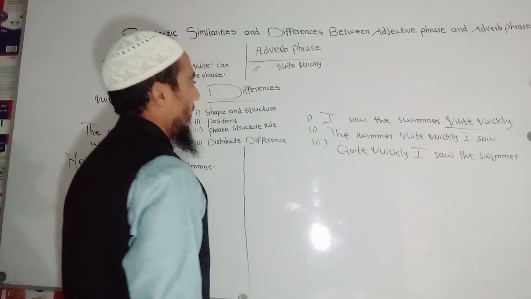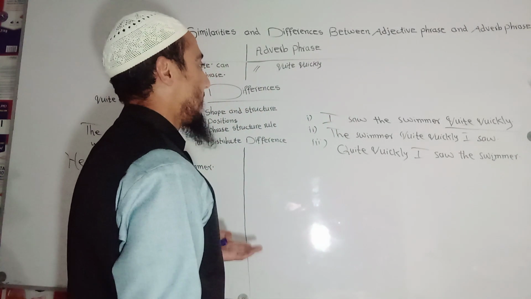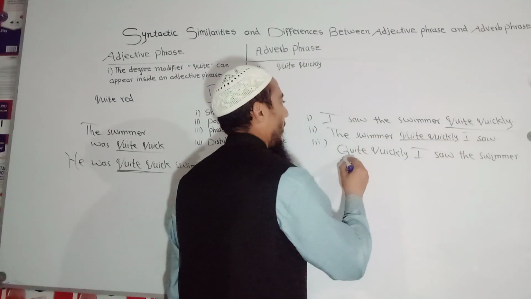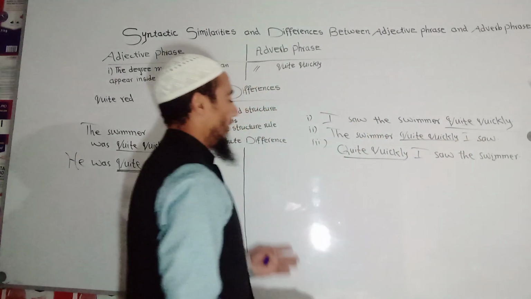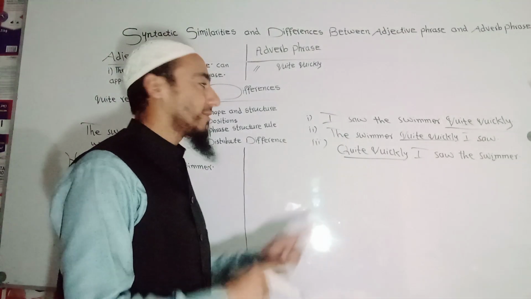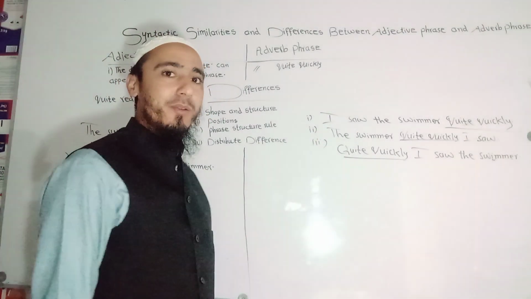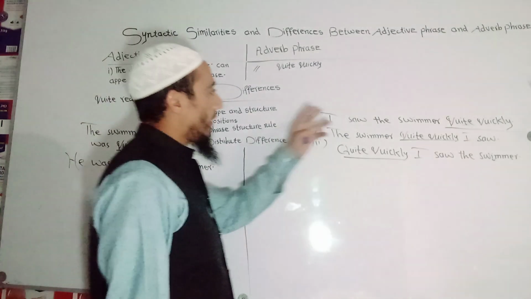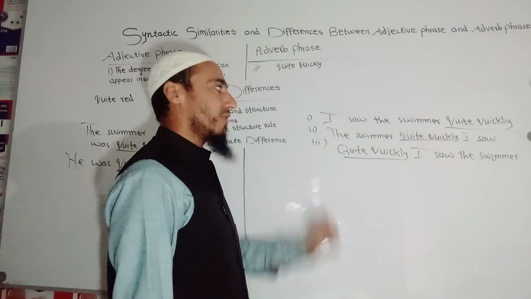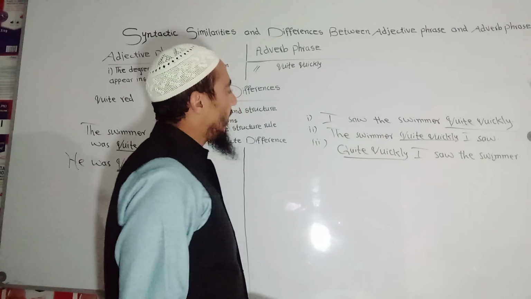So these are three sentences which have different positions of the adverbial phrase, the same sentence but with different locations. I saw the swimmer quite quickly, the swimmer quite quickly I saw, quite quickly I saw the swimmer.